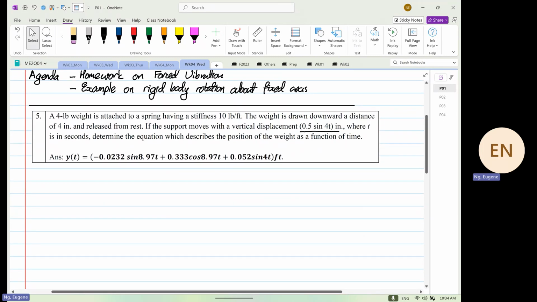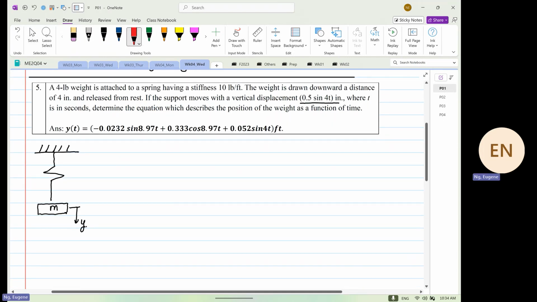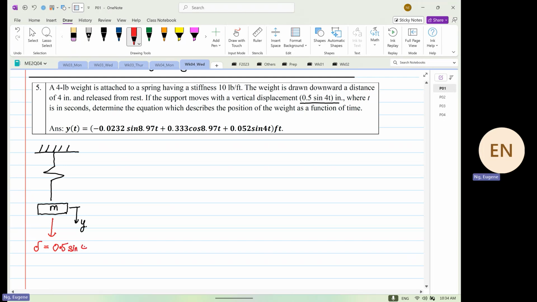So once you sketch this out, we have a spring, and then we have our mass, and then we have our displacement y, and the support is under a displacement equal to 0.5 sin 40t inches.